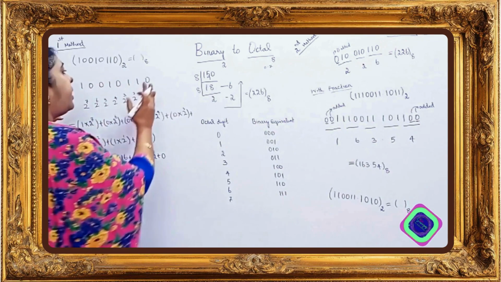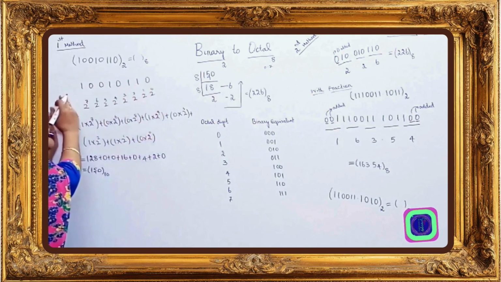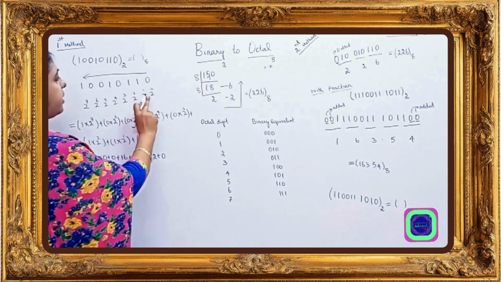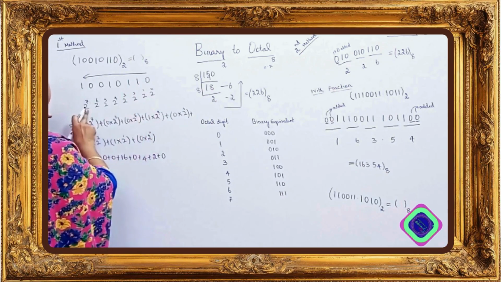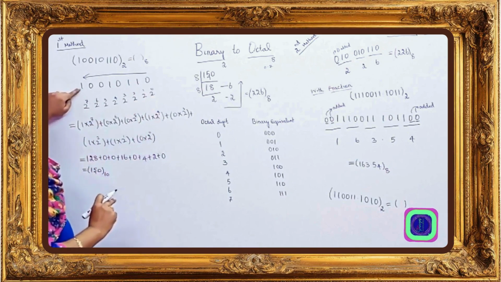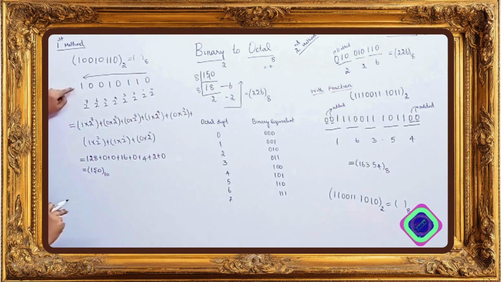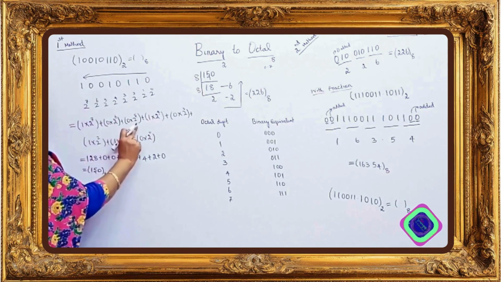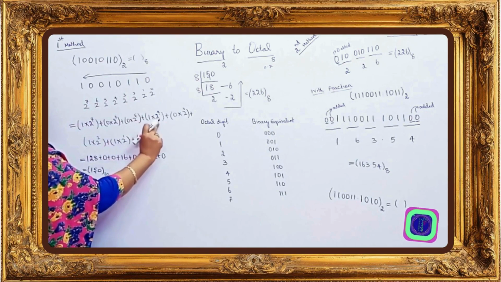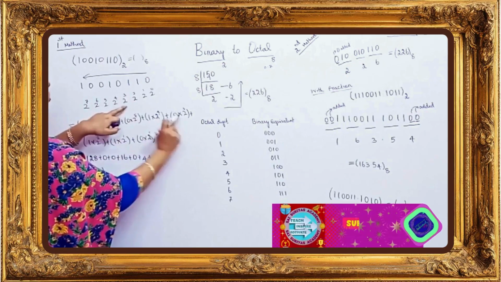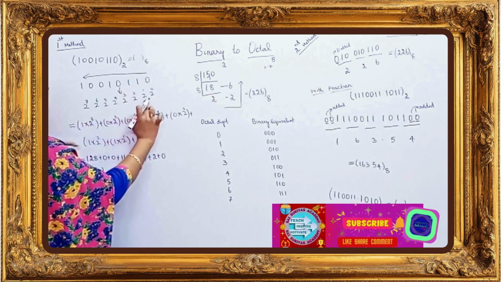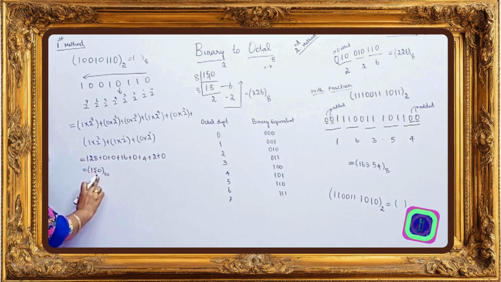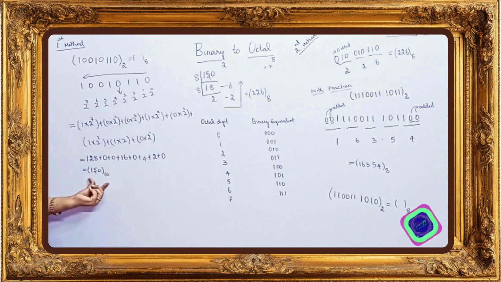So the weightages can be added starting from the right end to the left end, and the powers keep on increasing, such as 2 power 0, 2 power 1, 2 power 2 till 2 power 8. Then each digit has to be multiplied with its weightage, that is 1 into 2 power 8 plus 0 into 2 power 7 and so on, till 0 into 2 power 0. Adding, we arrive at the answer 302, which is to the base of 10.